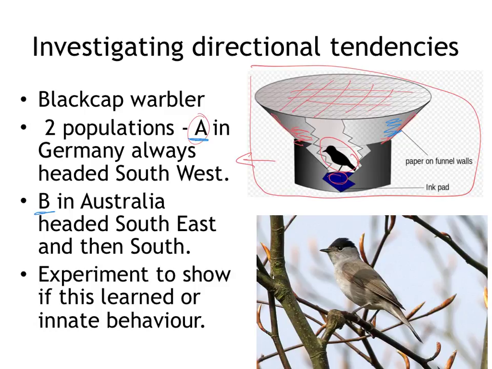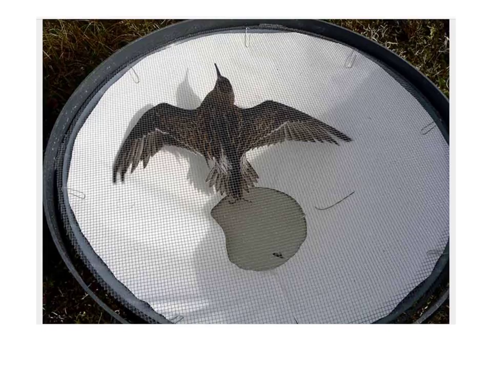In other words, they were flying in the direction that they were expected to fly in, even although their parents had never been there to show them that. And so these results suggest that in the birds there's genetic information about direction to migrate, and it's a form of innate behaviour.